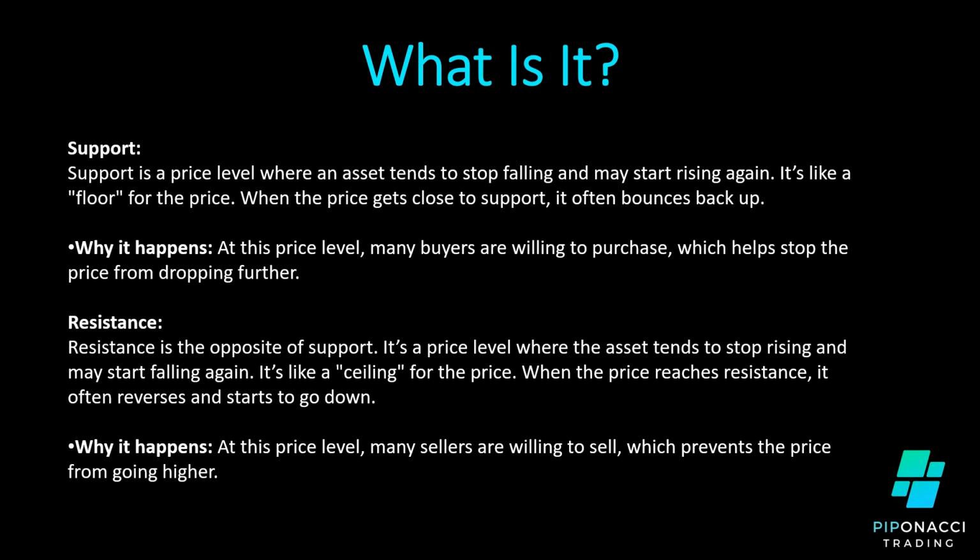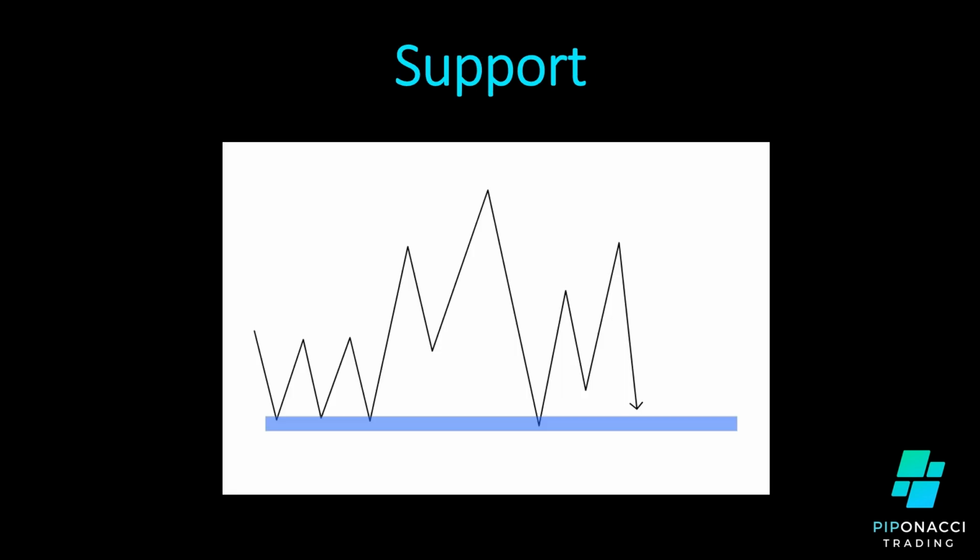Okay, if we look at support from a drawing perspective, you can see that price may do multiple different movements, but there are usually areas where price will like to bounce. In this situation, price has liked to bounce at this lower area.